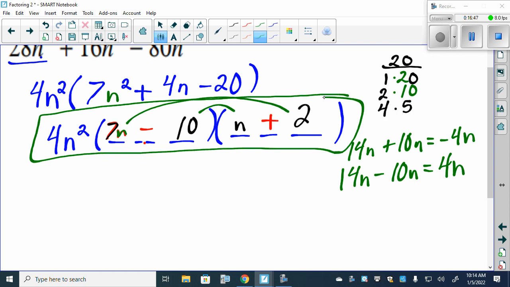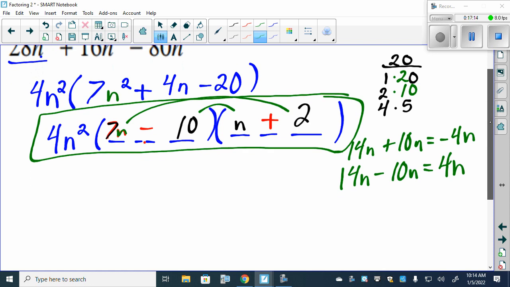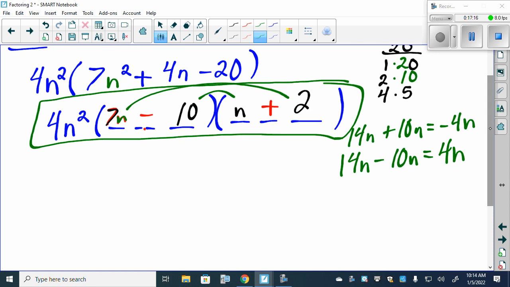Any questions on any of this here? It could, or it could be the other way around if it's negative.